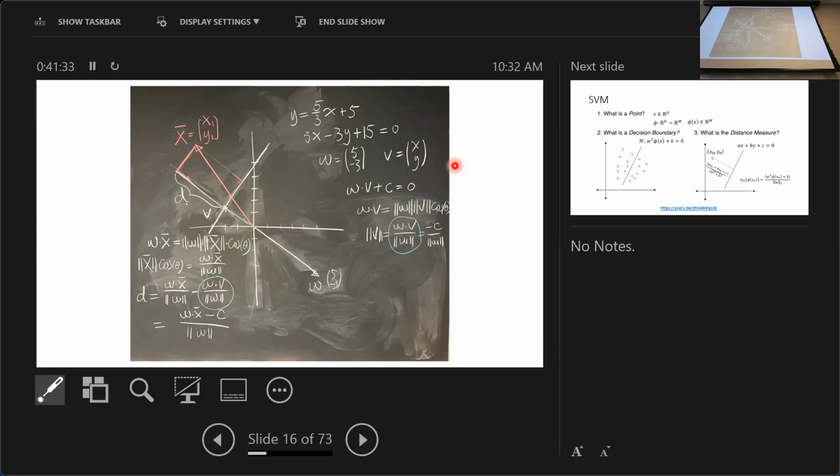So I just replace this with plus C. So I replace the value of W times V with the magnitude norms and theta. The theta is 90 degrees, so cosine is minus 1. So this gives you the relationship.